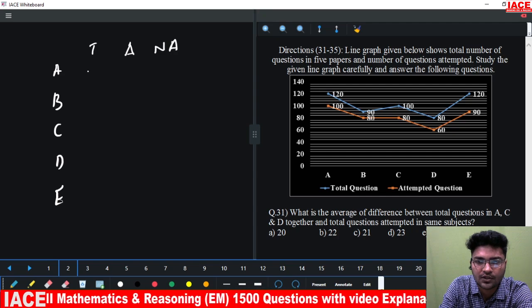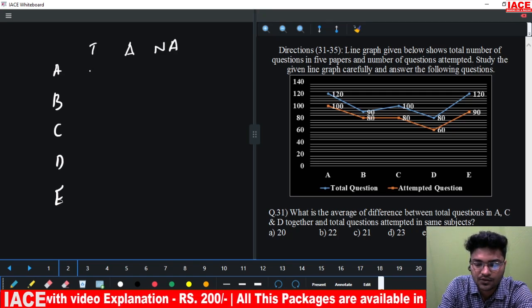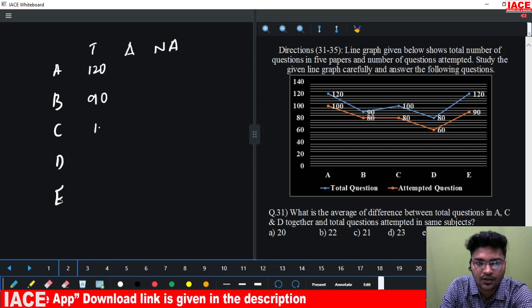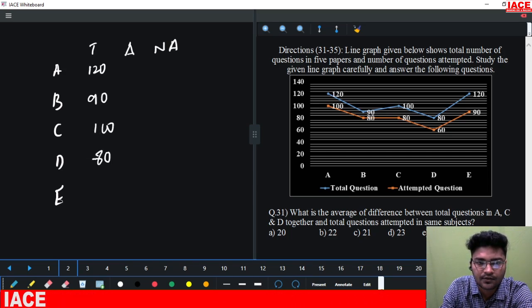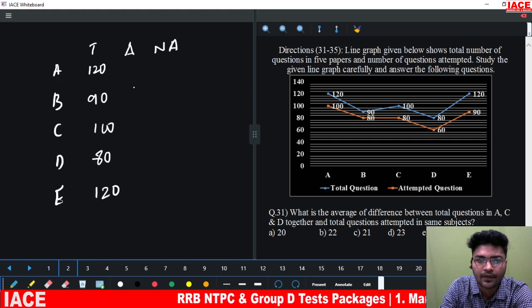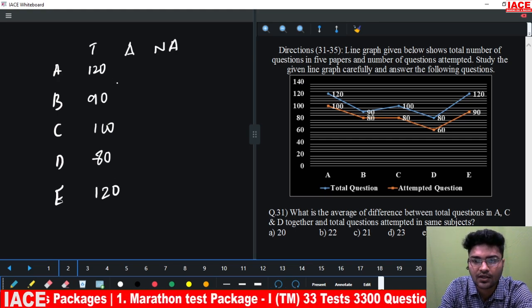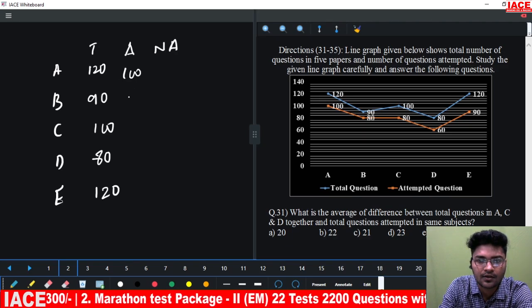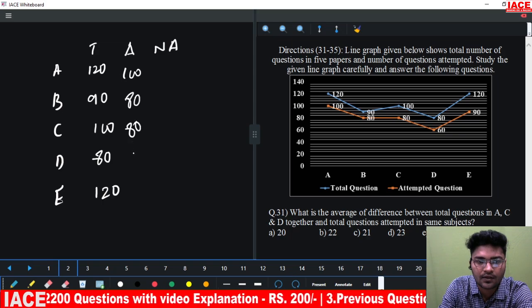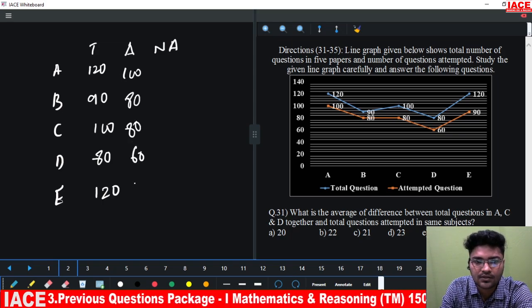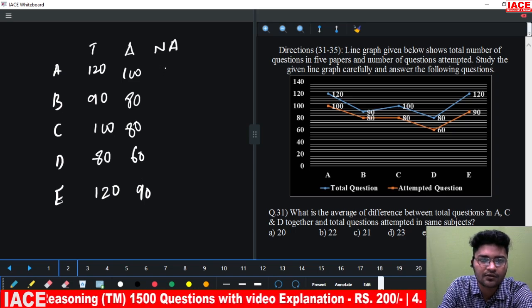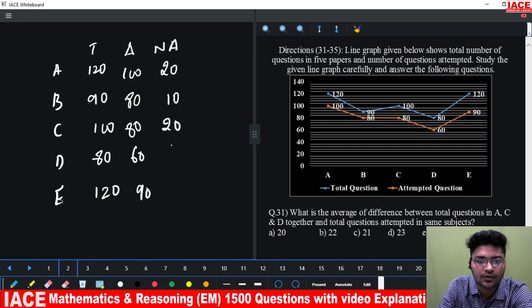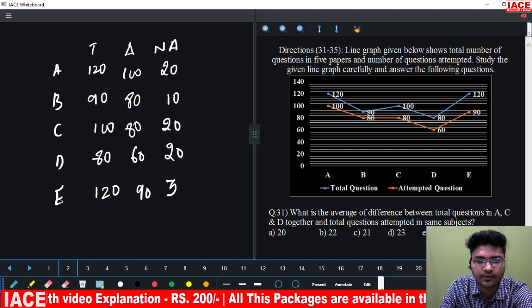So total questions in the first paper is 120, this is 90, this is 100, 80 and again 120. Now attempted questions are 100, 80, 80, 60, and the last is 90. So I can easily find out the non-attempted ones. This is 20, 10, 20, 20 and 30.